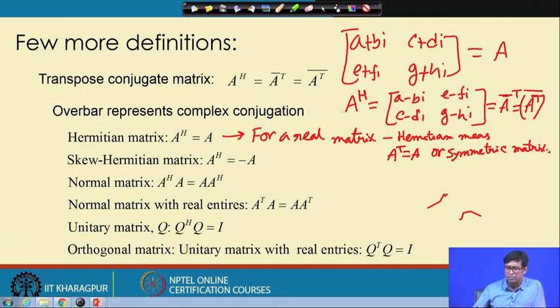Similarly, a skew Hermitian matrix is defined where the conjugate transpose is the negative of A, and for a real matrix it will be a skew symmetric matrix.